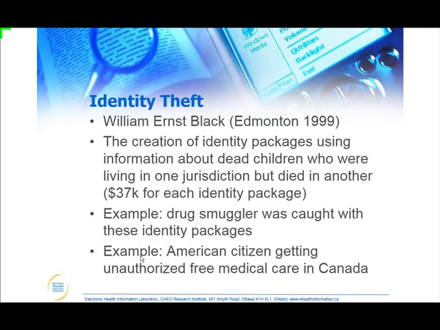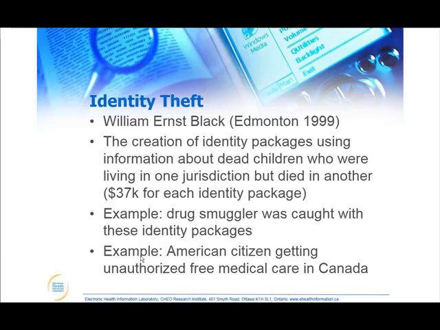And when he was caught accidentally by the Edmonton police, they found boxes of identity packages that were for sale. And when they traced the people he had sold them to, one was a drug smuggler, caught with one of these identities. Another one was an American citizen who was getting unauthorized medical care in Canada. He was caught at the airport as he was trying to leave.